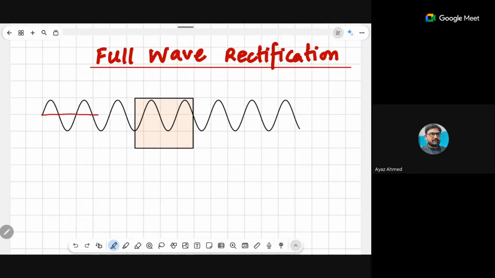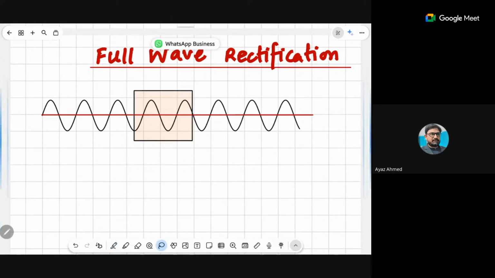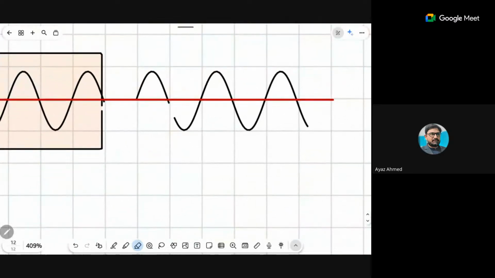Here we go. This is the mean position, right? This is basically the mean position or equilibrium position. Now if I say that the function of this rectifier is to cut this half wave as well as to make it a full wave, then it would not be wrong, right?